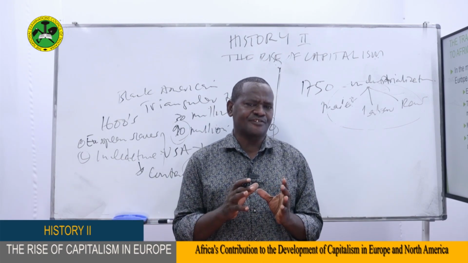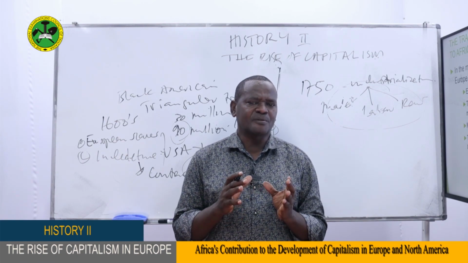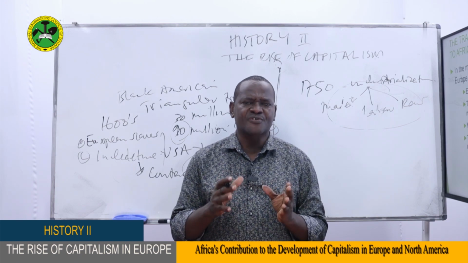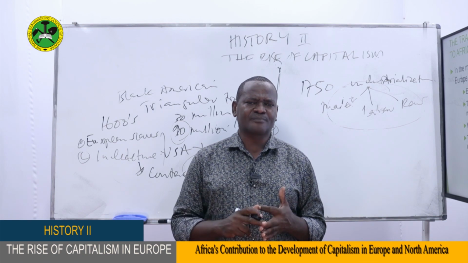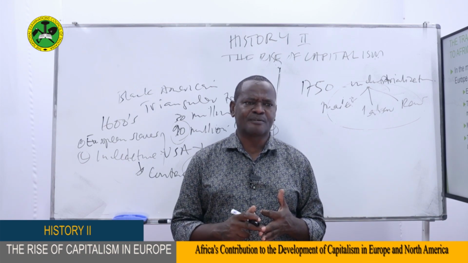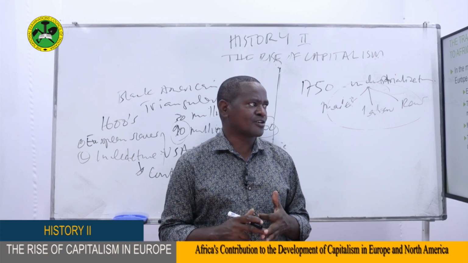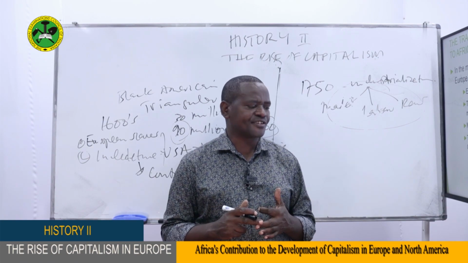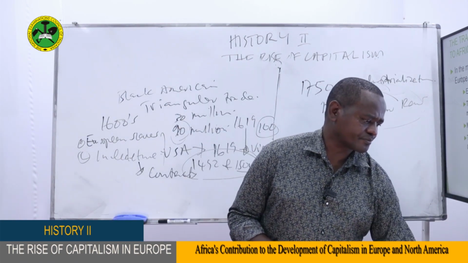Because of all this, the governments of Europe started to discourage the transportation of Europeans from Europe to go to work in North America, either as slaves or as indentured labor, or even those people who were running away from some political and economic problems. It was very highly discouraged because they wanted their population at least to increase and not to decrease, so that they can achieve what I've just said.